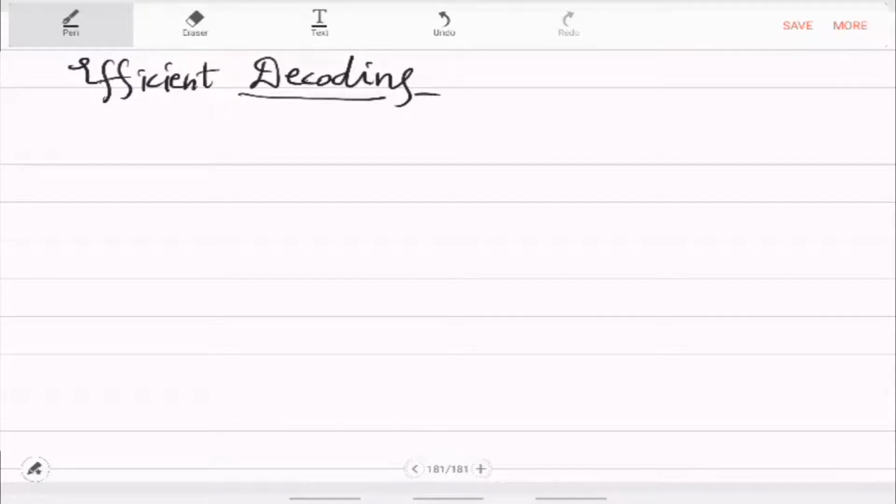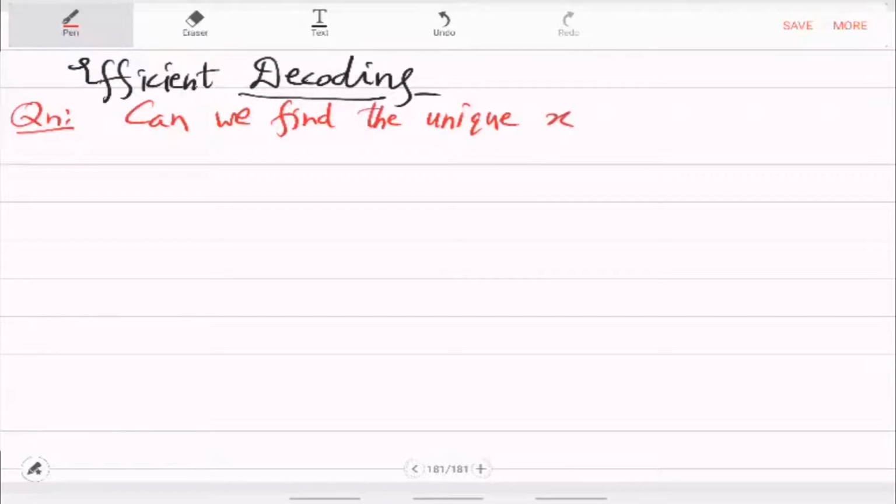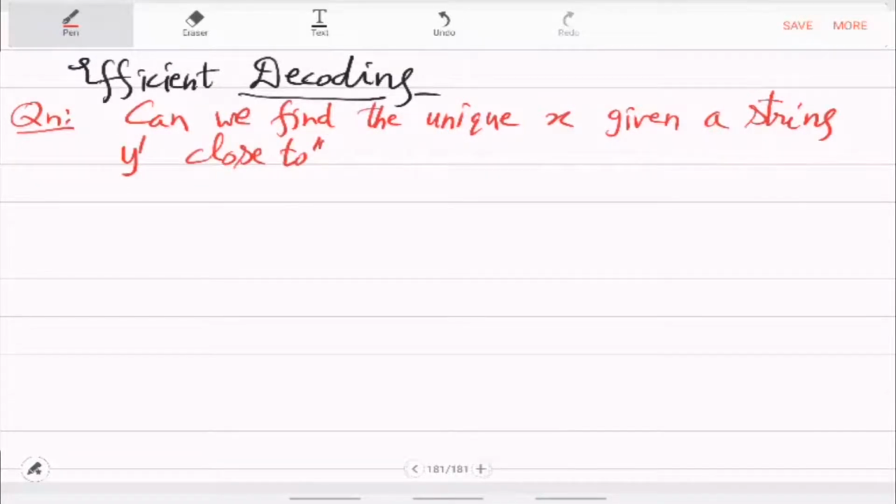So, how do you do efficient decoding? That is the question. So, can we find the unique X given a corrupted code word, or given a string y prime close to the code word E of X?